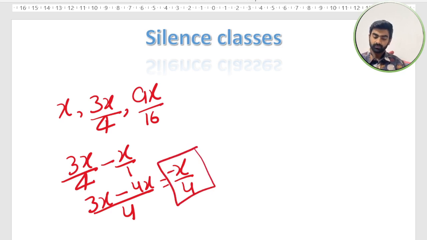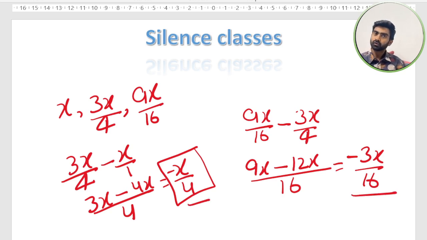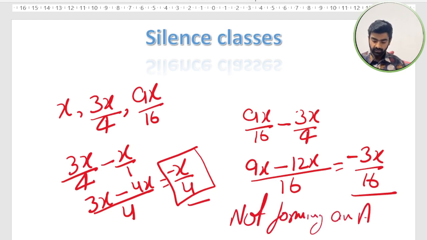Then 9x upon 16 minus 3x upon 4: 9x minus 12x over 16, so it will come minus 3x upon 16. You can check that the common difference is not the same, so it is not forming an AP. I hope you understood how we have to do it.